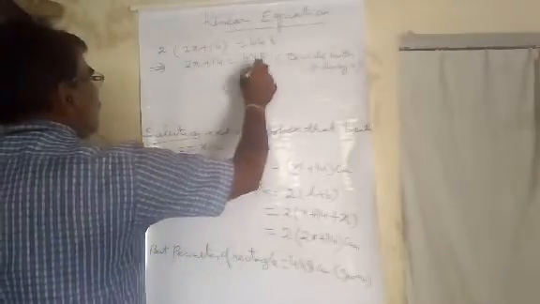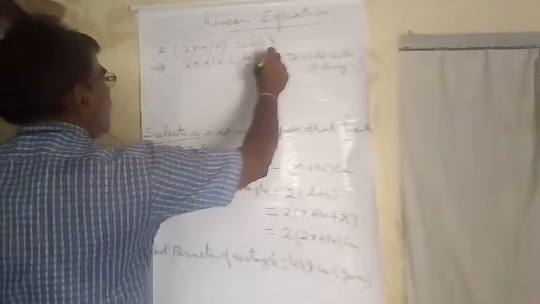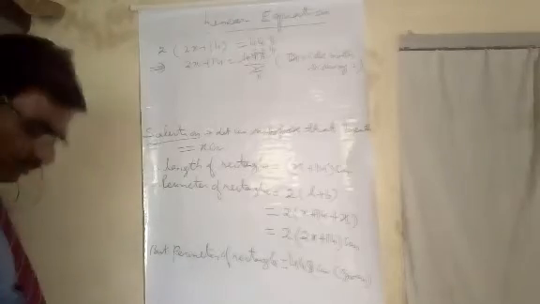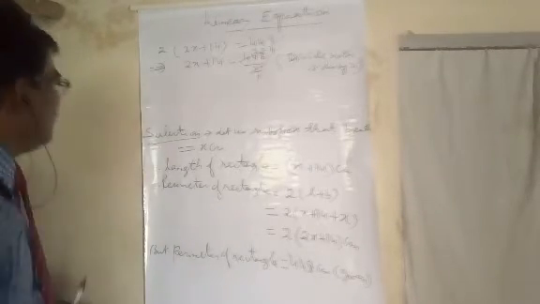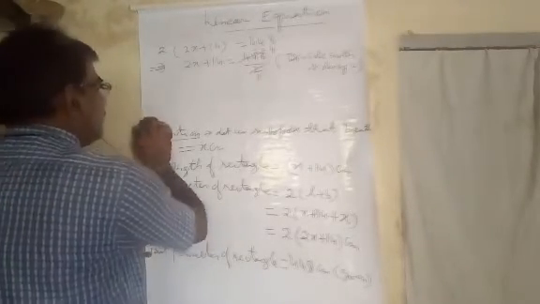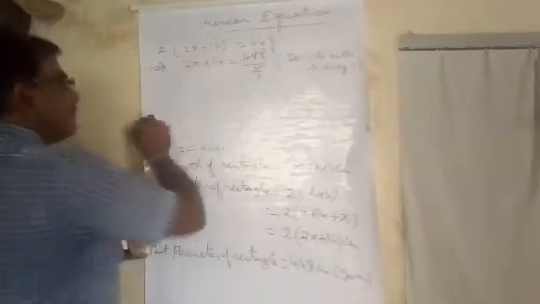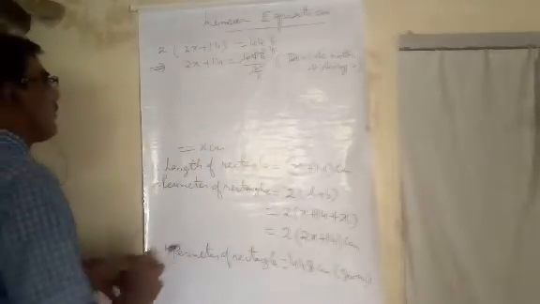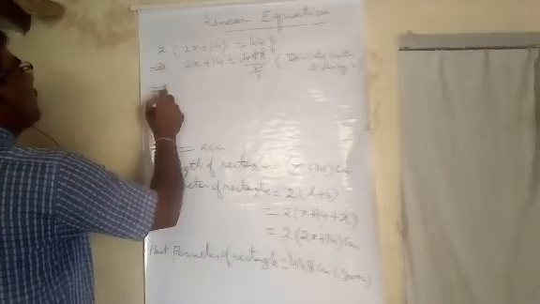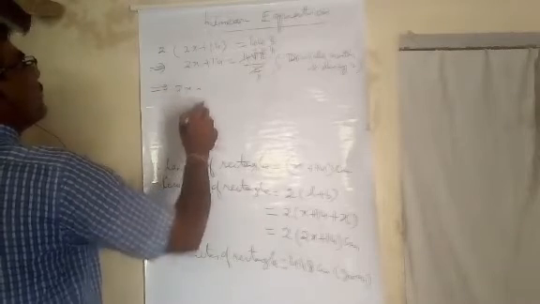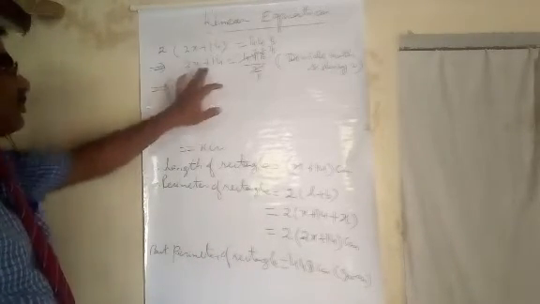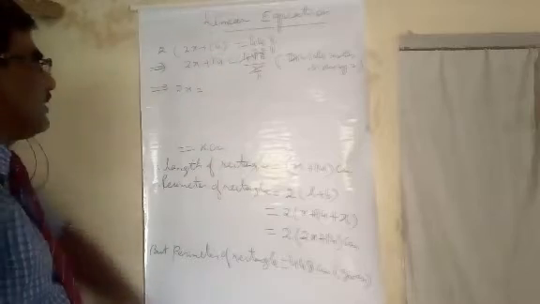2 1 ja 2, 2 2 ja 4, 2 4 ja 8. Then it will be 2x equal, transpose plus 14 from left hand side to right hand side.